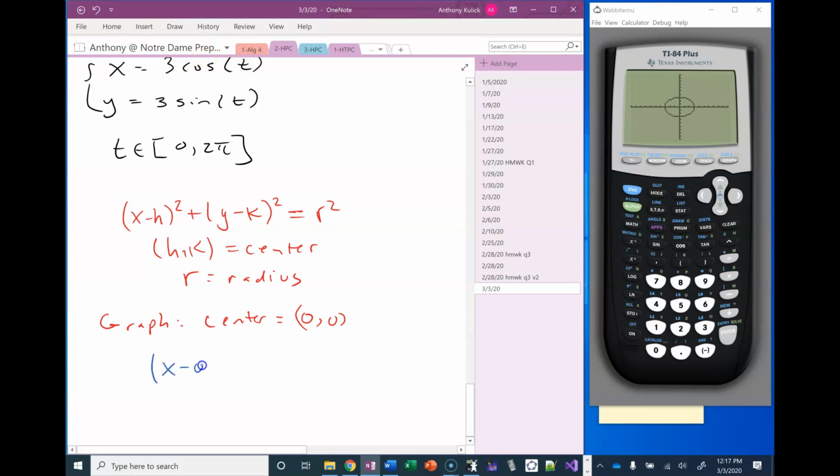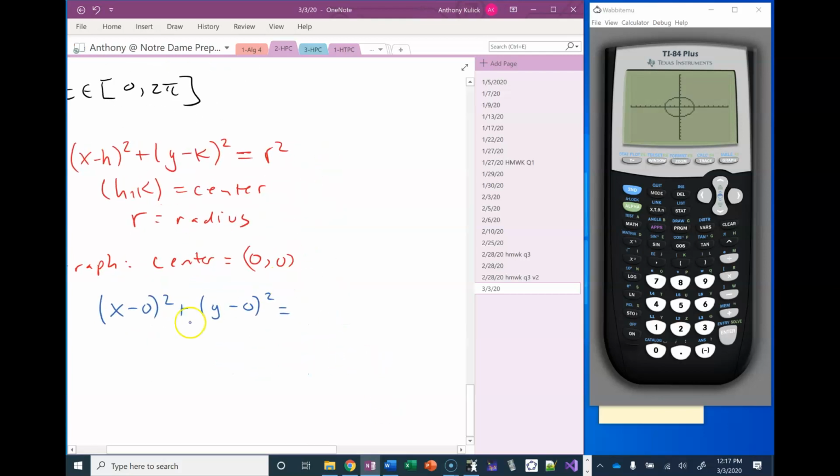So I'd have x minus 0 squared plus y minus 0 squared equals some stuff, right? Everybody's okay there? So that simplifies down to just x squared plus y squared. Everybody's okay there?